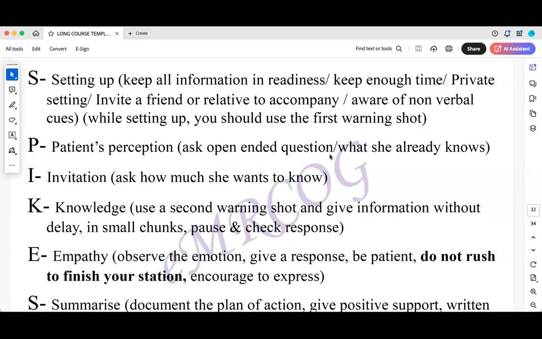Then the patient's perception: you might ask the patient what her understanding or expectations are, then the invitation, asking how much she wants to know. And then you go to the second warning shot and give information without delay, in small chunks, pause and check response.